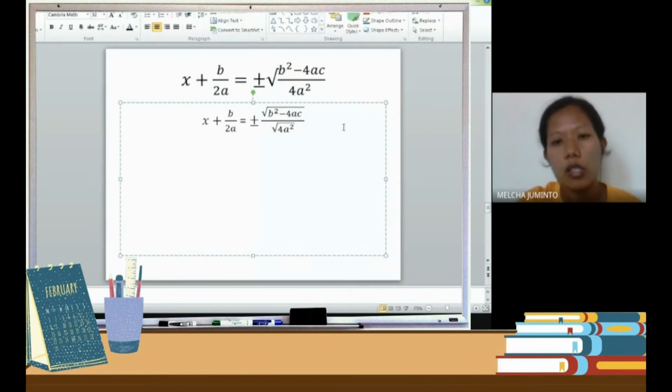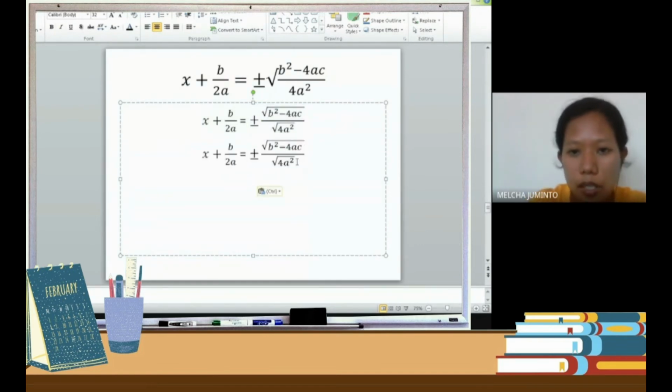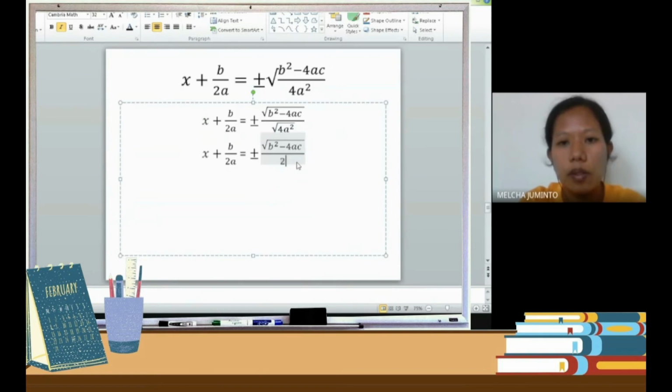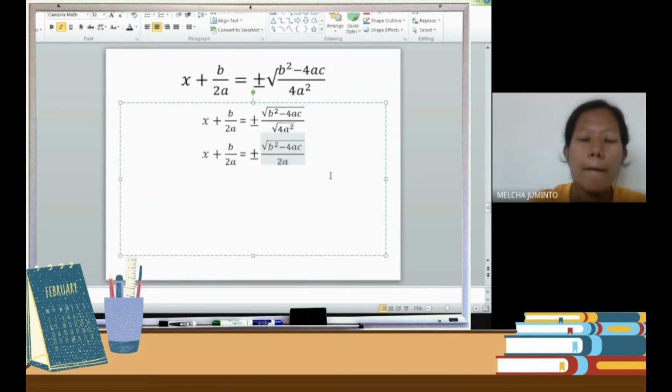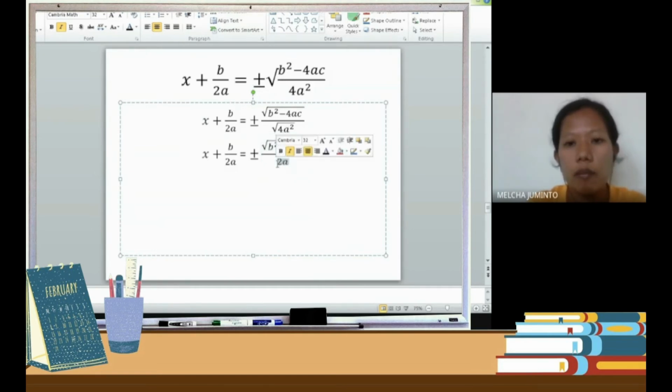So we simply write, instead of 4a squared, we now find the square root of 4. What is the square root of 4? 2. The square root of a squared is a, 2a. Okay. So it gave us a simplified form wherein the only square root is the numerator, but the denominator is now a simple term 2a.